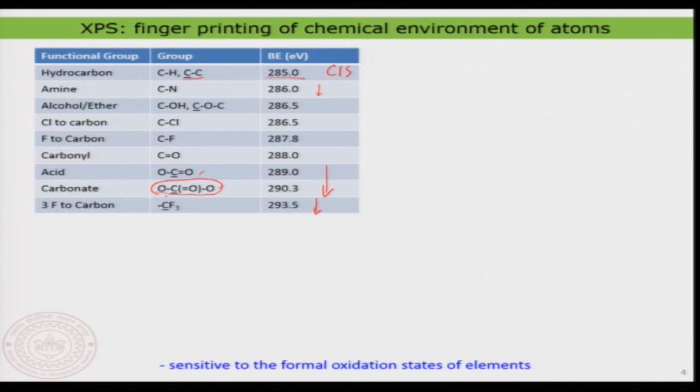When you have a highly oxidized species, of course, the core electron is getting lower screening, and therefore, it is harder to remove that particular core electron compared to a normal carbon. So, the moment the carbon is connected to more oxygen, the carbon is getting more oxidized, and that eventually means it is harder to kick out that electron.